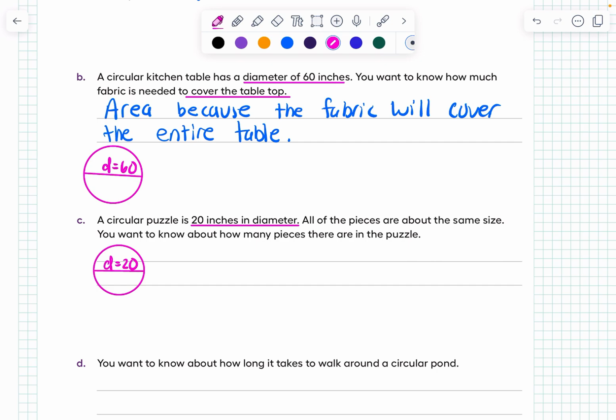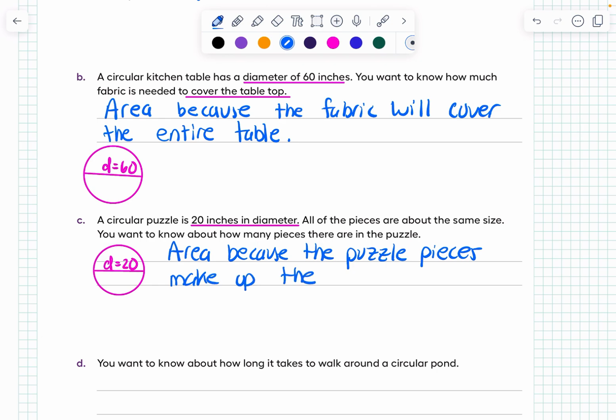You want to know about how many pieces there are in the puzzle. Okay, so the puzzle is like the inside, all of the pieces. So what this problem is referring to is area, because the puzzle pieces make up the entire puzzle.